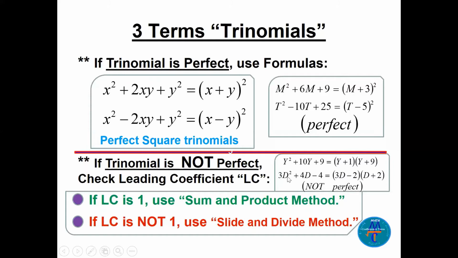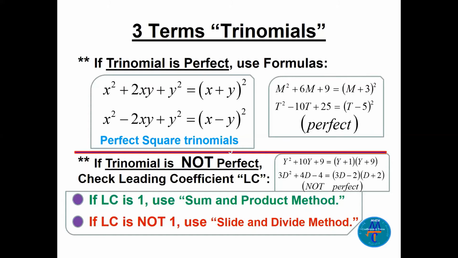Now this one also, 3d squared plus 4d minus 4. Since the last number is minus, it's not perfect. So that's a trinomial, not perfect. This is the most important slide, please. When you study factoring three terms, you have to understand this slide first.